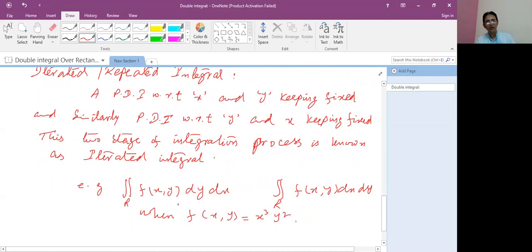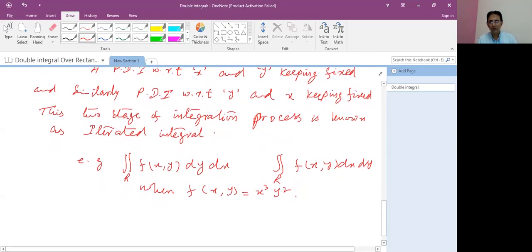If you find the integral with respect to y, then x is kept fixed, and after integration we apply the limits and solve for the values if given. That's why this type of integral is called iterated or repeated integral.